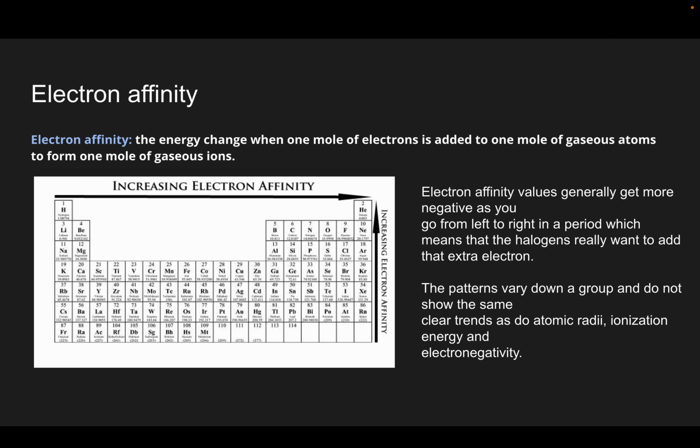Here are the trends. Electron affinity values generally get more negative as you go from left to right in a period, which means that the halogens really want to add that extra electron. So as you can see, the electron affinity increases.